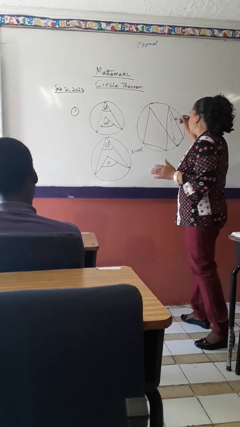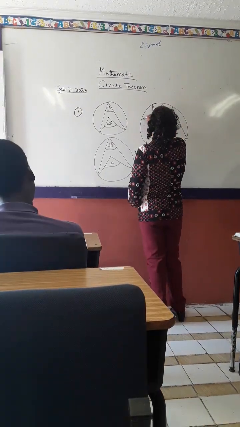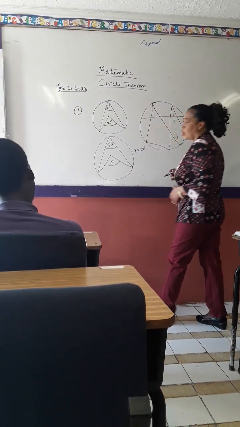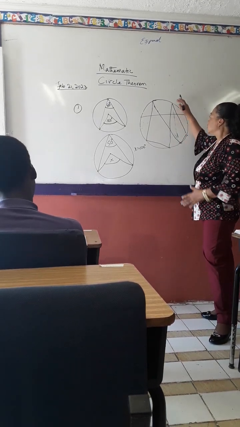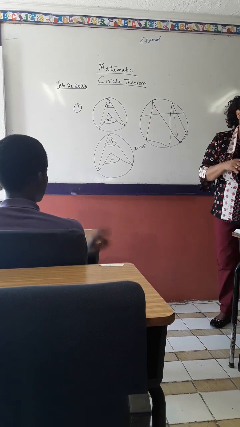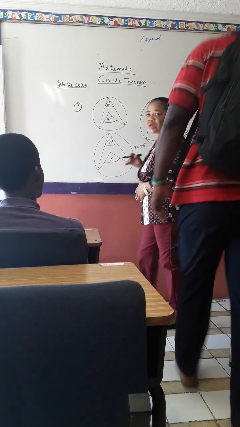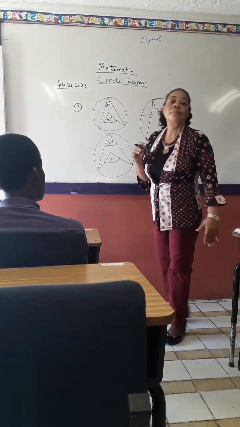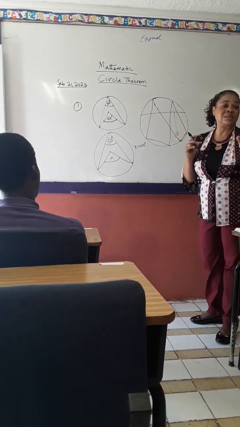But earlier we looked at this, and so you know that my arc will probably cut a line somewhere there. These two angles right here are within the same arc of the circle, and therefore these two angles here are going to be what? Equal. These two angles here are going to be equal because they are within the same arc.